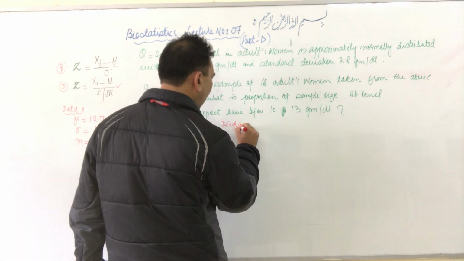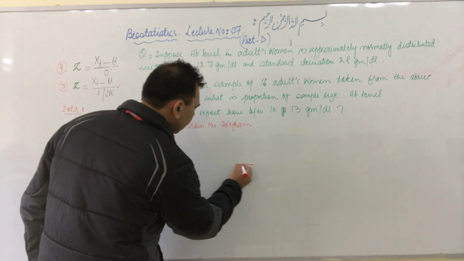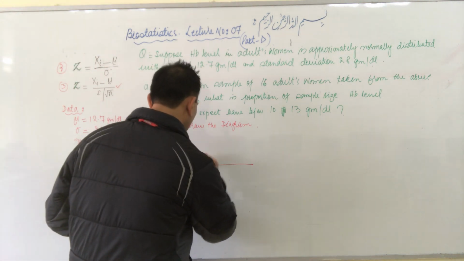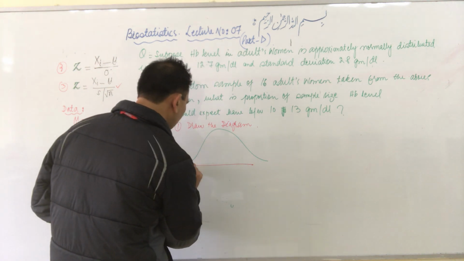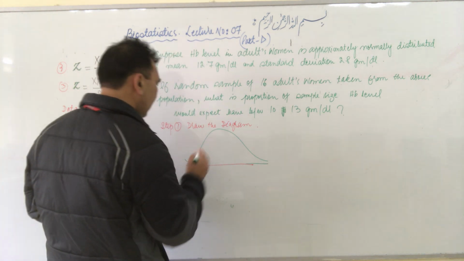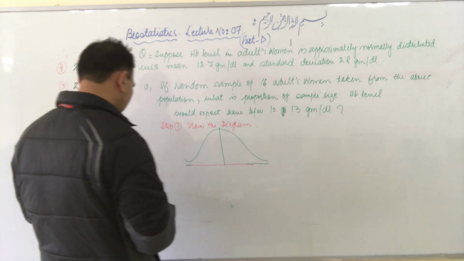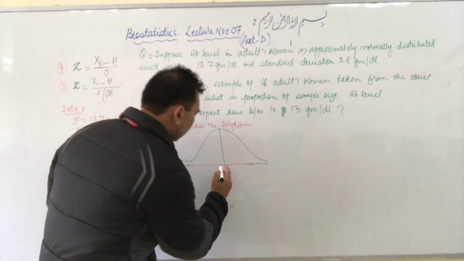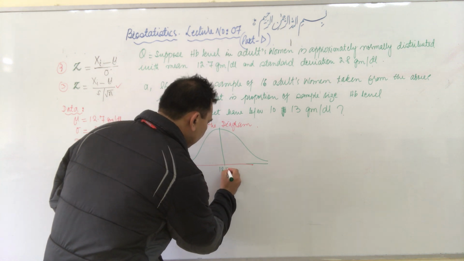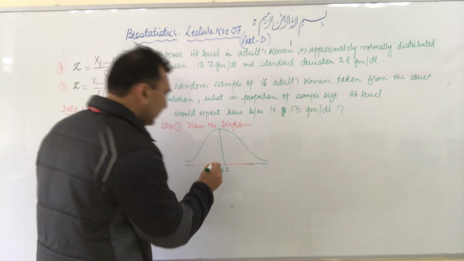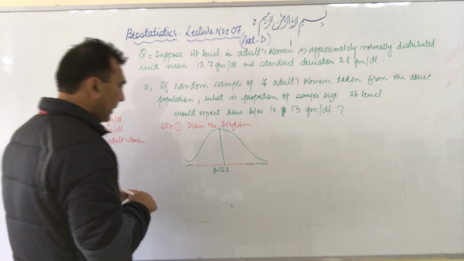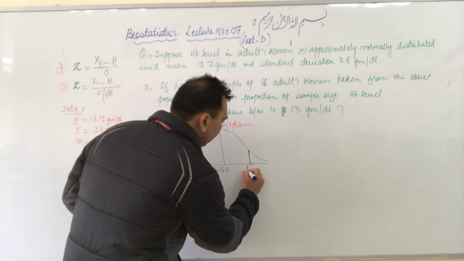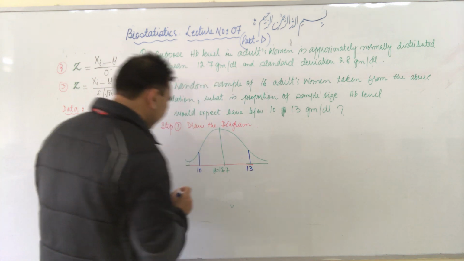In the diagram, the 12.7, the mu of the population, is present in the center, and we are concerned with the 13 and 10.